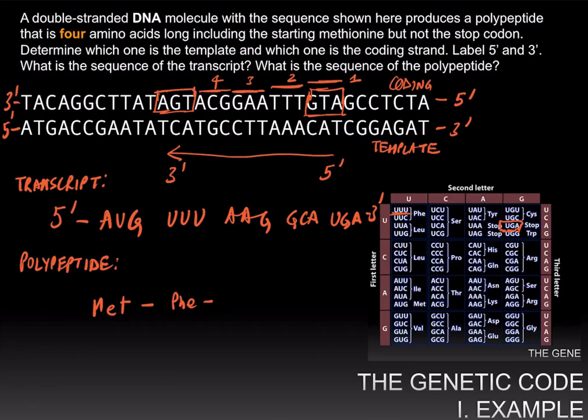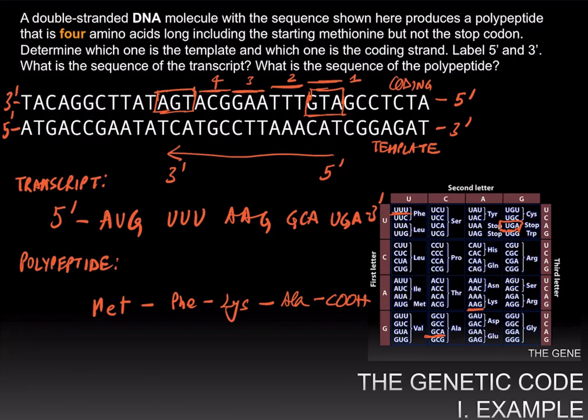And then the next one is AAG, and AAG is lysine, and GCA, which is an alanine, and the last codon is the UGA, which is the stop codon, which is not translated into any amino acid, and that just terminates the polypeptide.